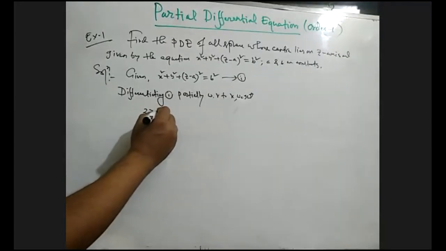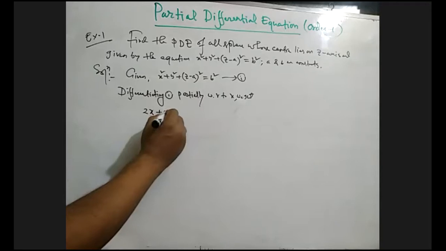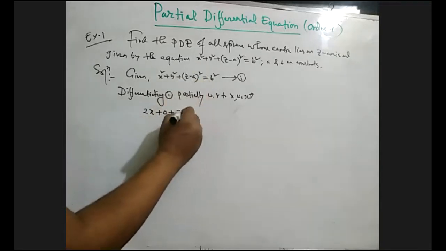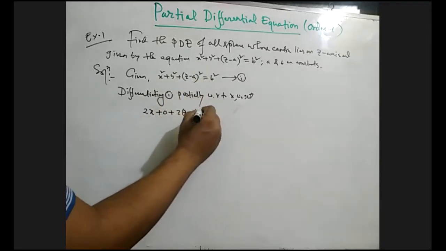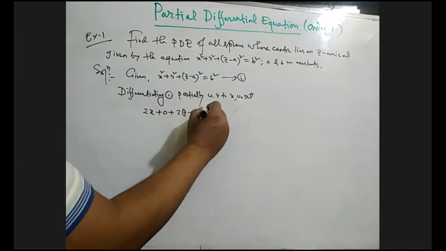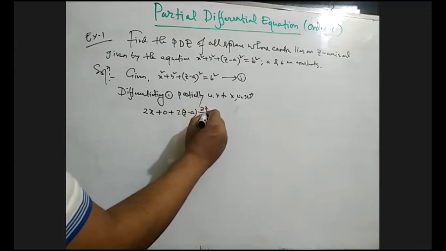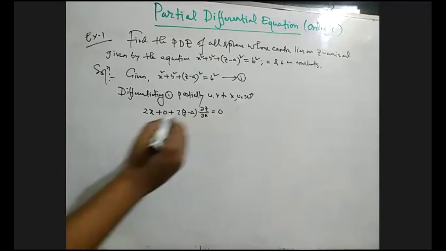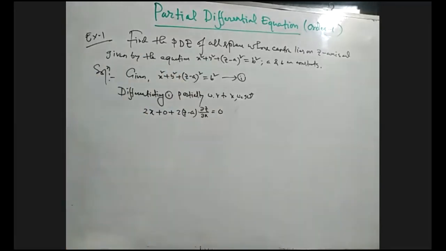twice x, and y² will be 0, and then twice (z minus a) into the partial derivative of z with respect to x, equals the partial derivative of b², which is 0.